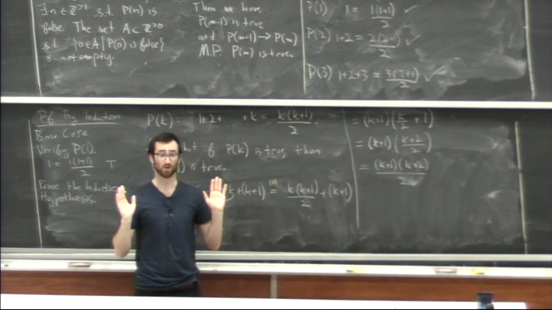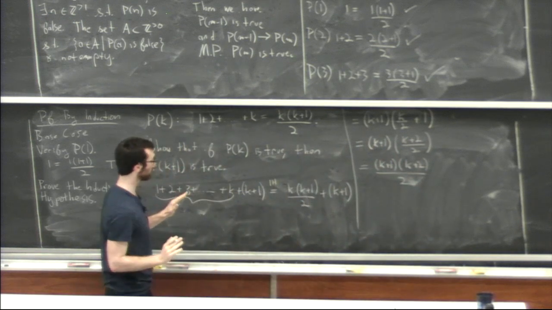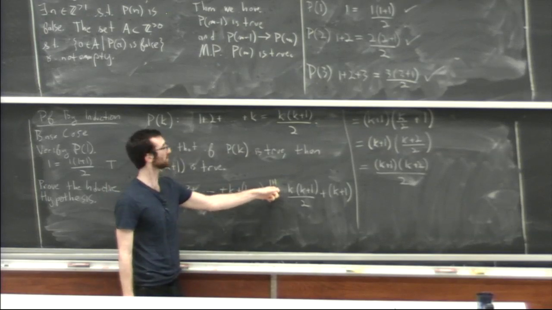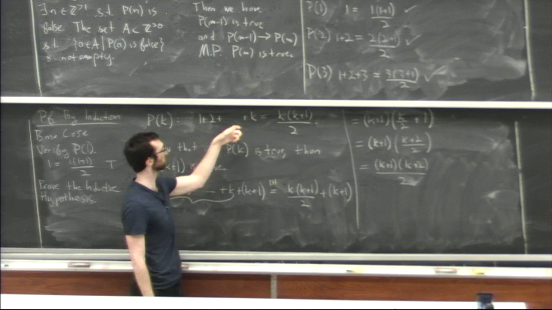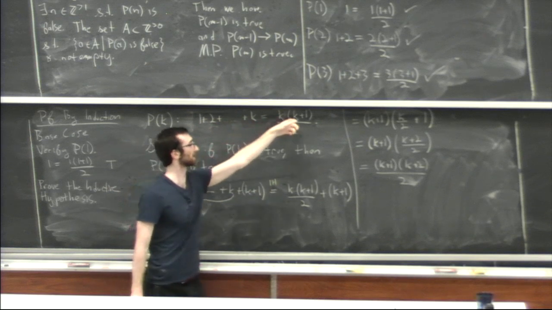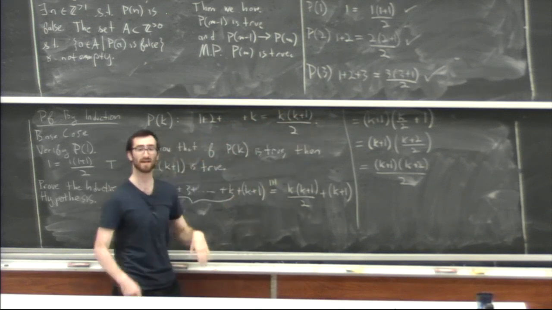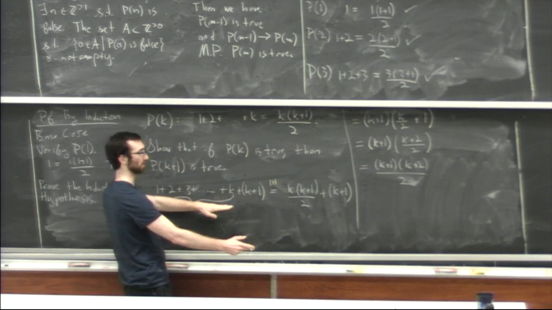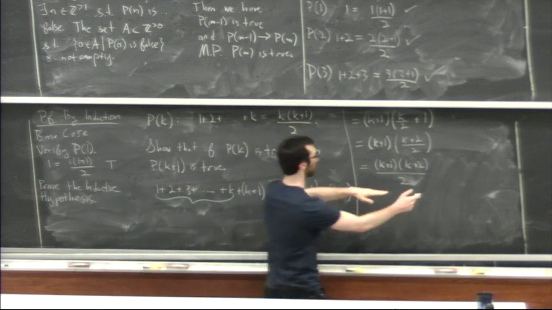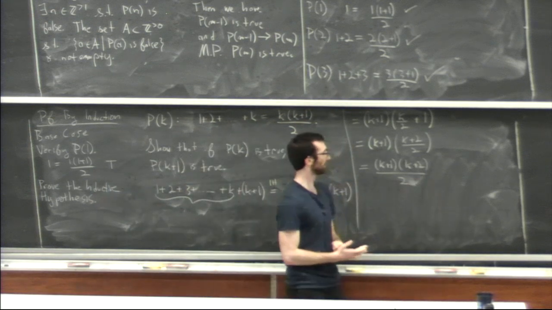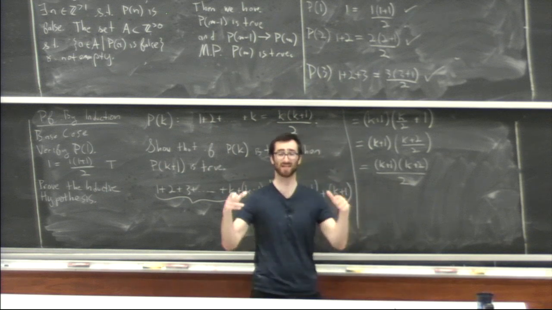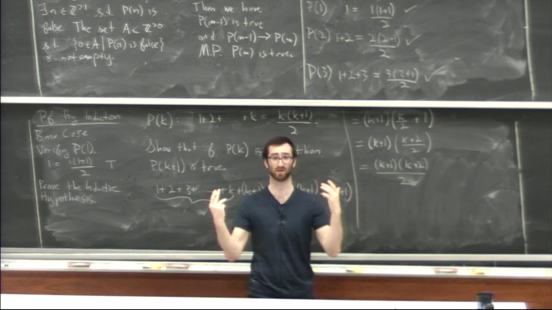So what I have done here is I have shown that if I assume the inductive hypothesis, if I assume that 1 plus 2 all the way up to k is equal to k times k plus 1 over 2, then this expression, the sum from 1 to k plus 1, is equal to this expression, k plus 1 times k plus 2 over 2. But this expression is precisely P of k plus 1.